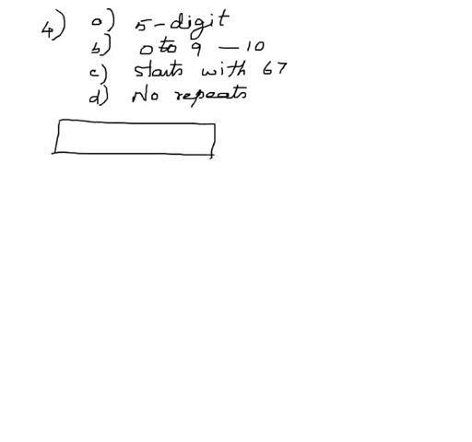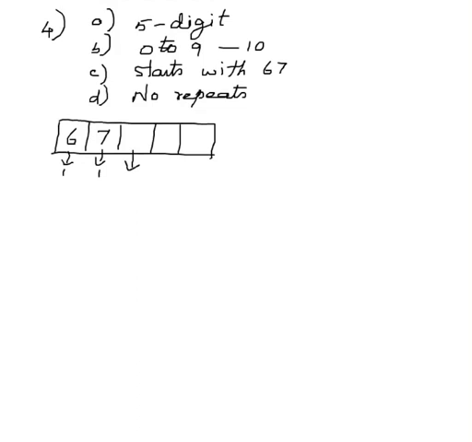We have to form a 5-digit telephone number. Now it starts with 67, so the first 2 digits are 6 and 7. We don't have any choice for these 2 positions, so only one way to fill up each. Then let us think about the third digit.